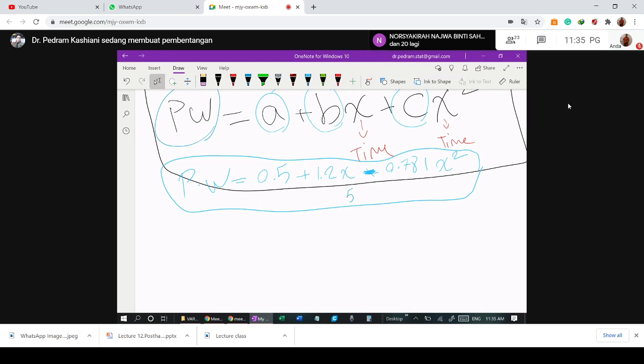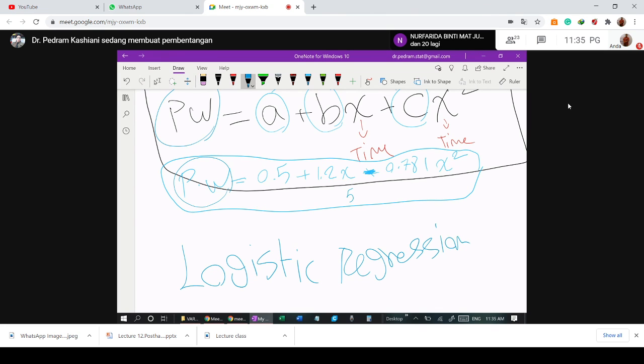What I want to say to you is that here this data is qualitative. You can do the same data analysis for quantitative data, and you can do the same study for qualitative data also. The qualitative one, we call logistic regression. So simple regression analysis, we do for quantitative data. Logistic regression, we do for qualitative data.